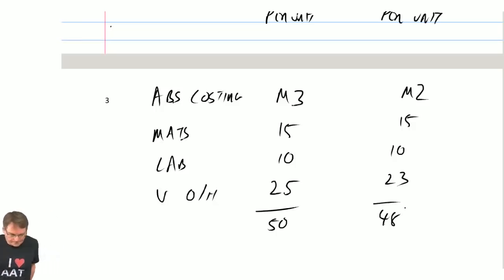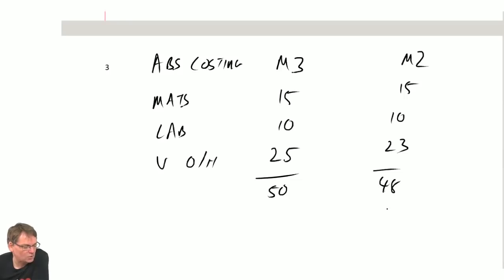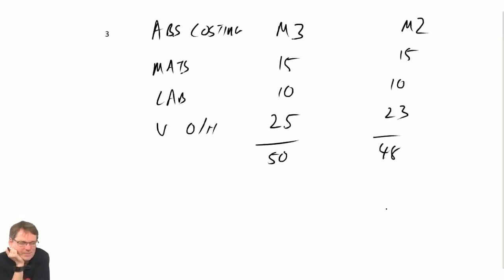Now again, as I said to you earlier, when I was studying, I struggled with this. I remember my lecturer saying, look, which cost is going to be lower, marginal or absorption? And I thought about it, and I said, well, marginal's got to be lower, because with marginal costing, all you're doing is saying, this is what it costs to make a unit: materials, labour, overheads.